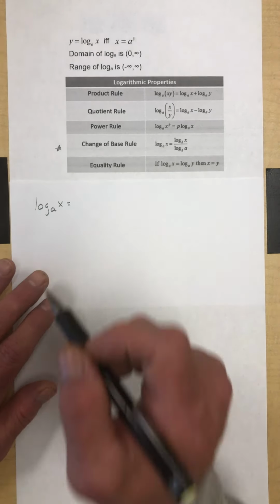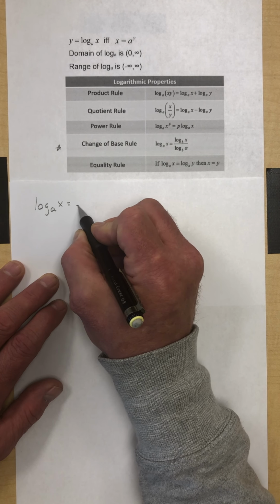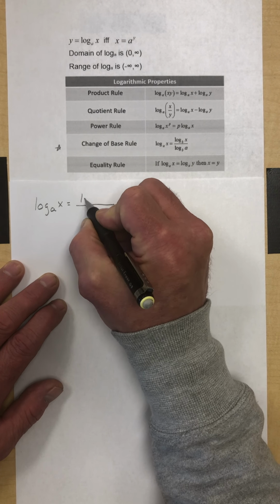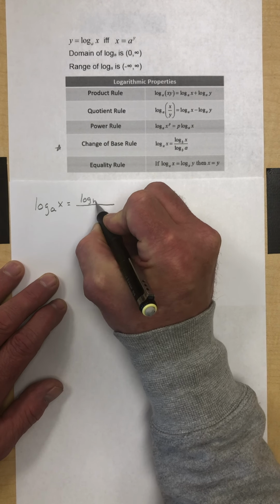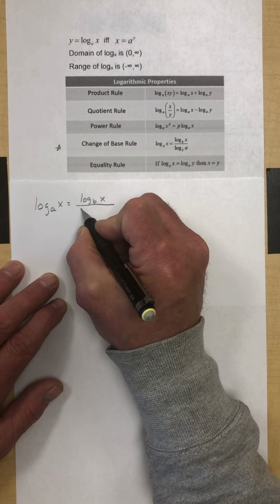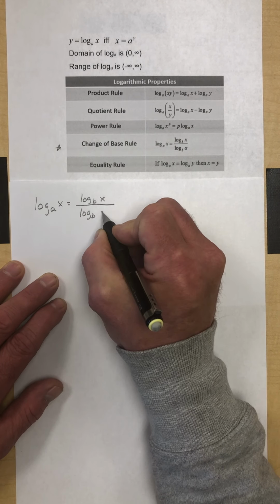We can use a change of base rule, and this will be equal to log base B of X, and that B could be anything, over log base B of A.